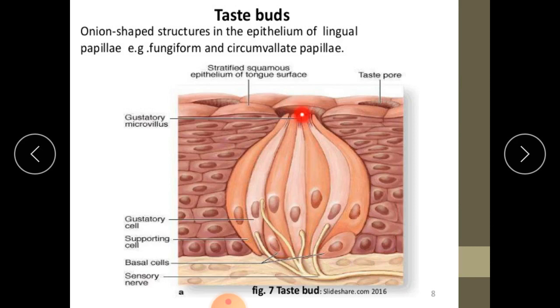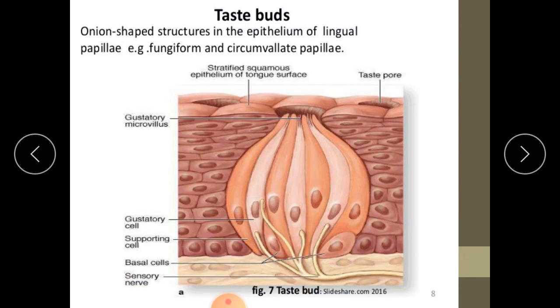At the tip, a small opening is present. These cells have hair-like structures called microvilli. When food is taken into the mouth, it comes on the surface of the tongue, which has small depressions, small openings.